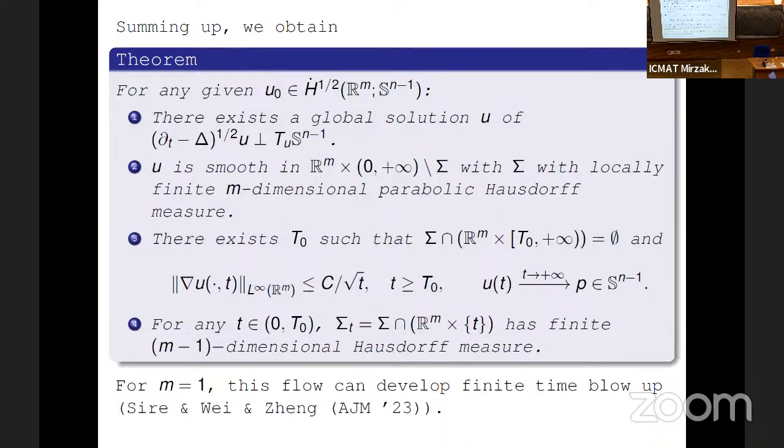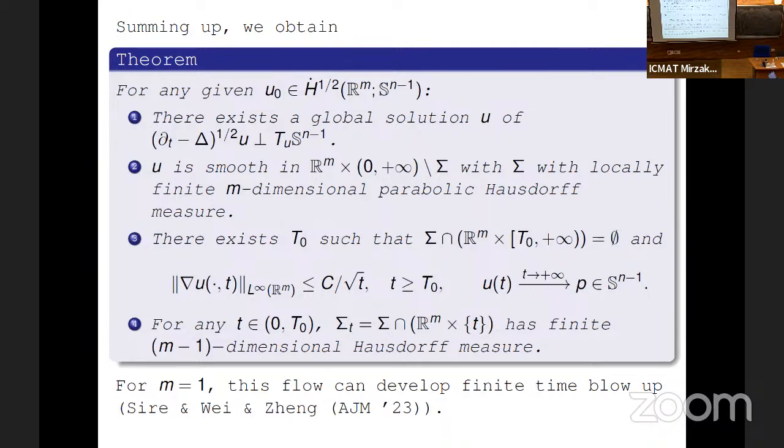Then you want to study the heat flow of this equation, and you put in the time derivative. Now, if you want to go fractional, you take 1/2 of the Laplacian and impose the very same orthogonality condition.